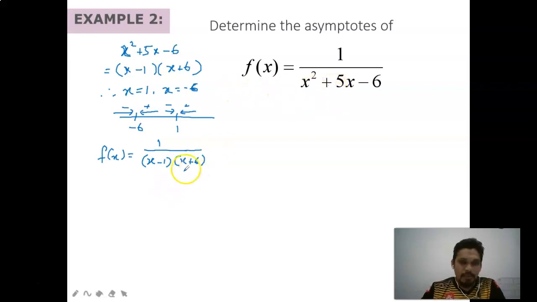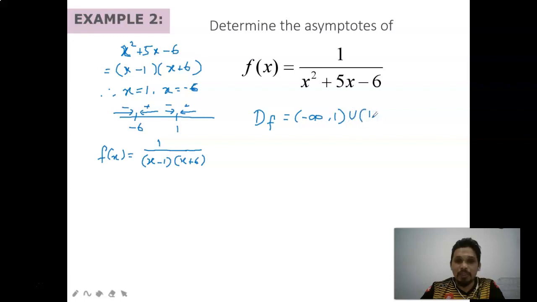From here it also tells us the domain of f. The domain is all values of x except when x equal to 1 and negative 6, meaning these are not part of the domain of this function.